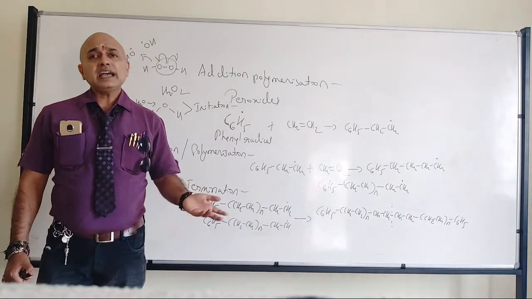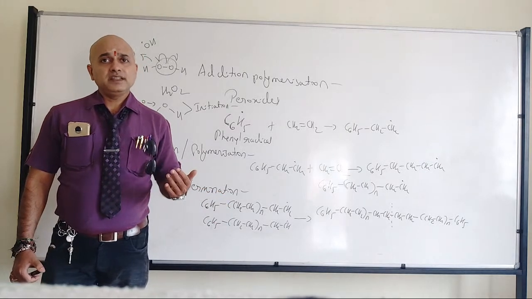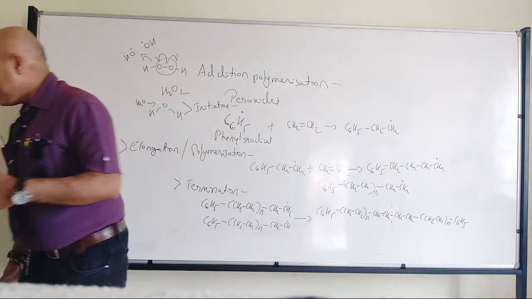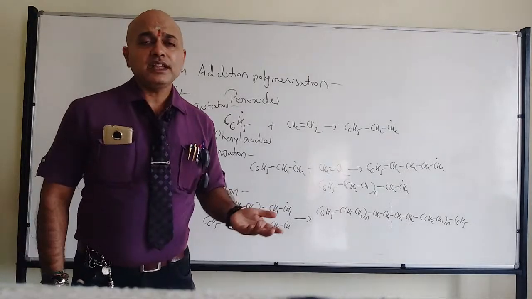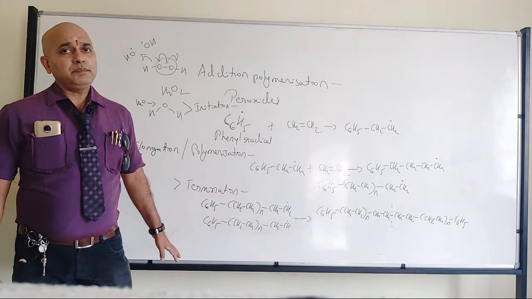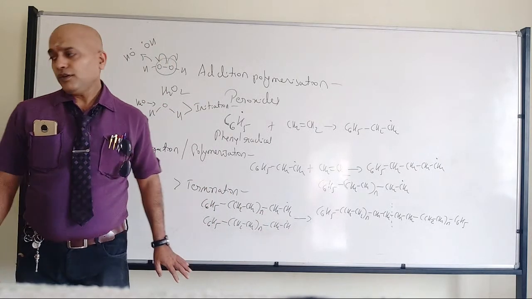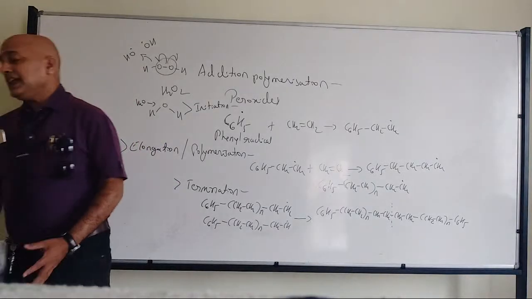Even acetyl peroxide, that is diacetyl peroxide, can also be used. In your textbook they have taken benzoyl peroxide, and I have also taken benzoyl peroxide. Any doubts? Okay, so we will move to the next one.